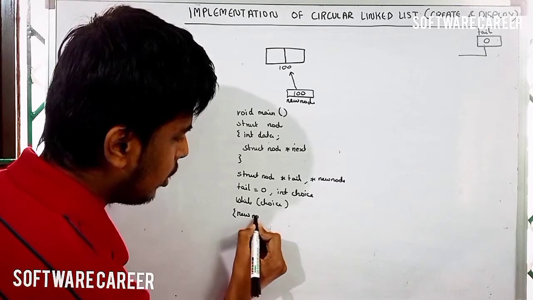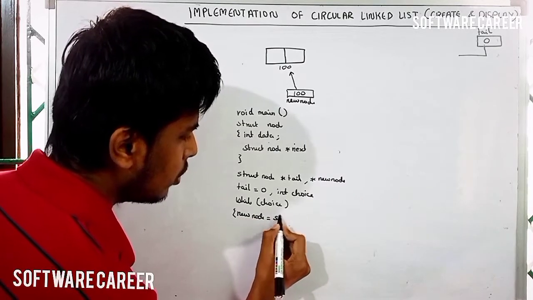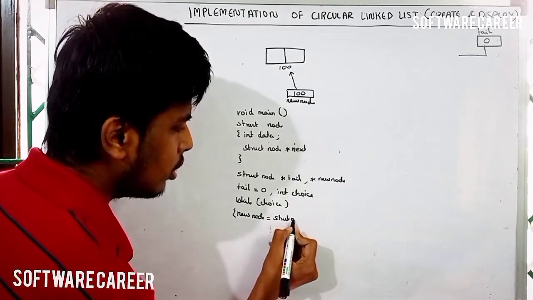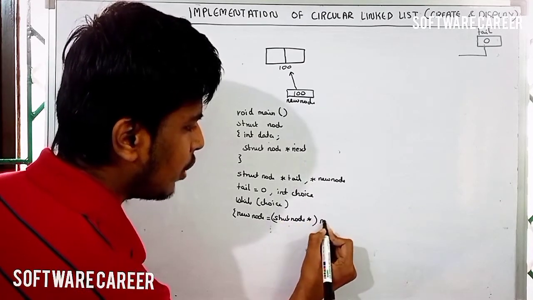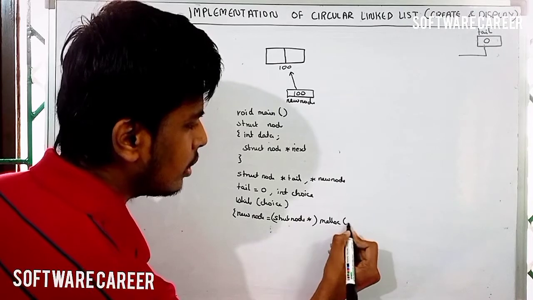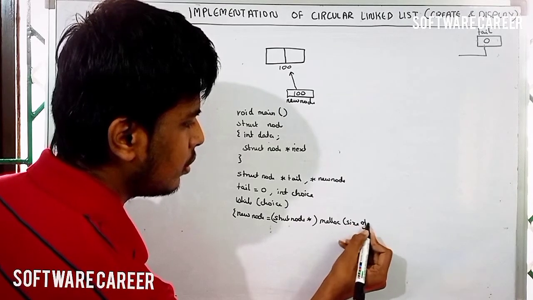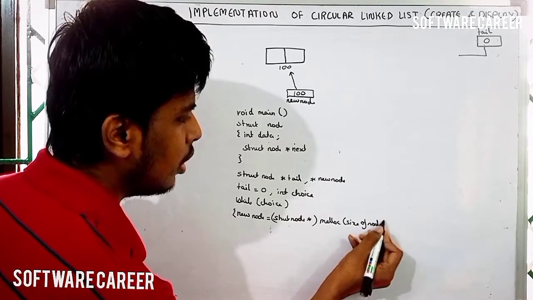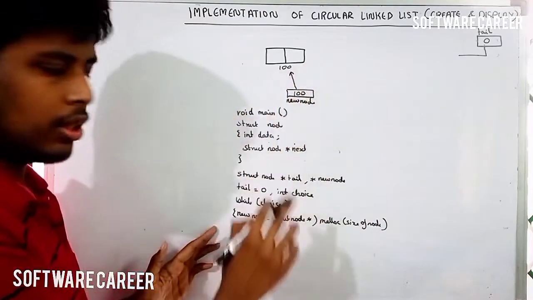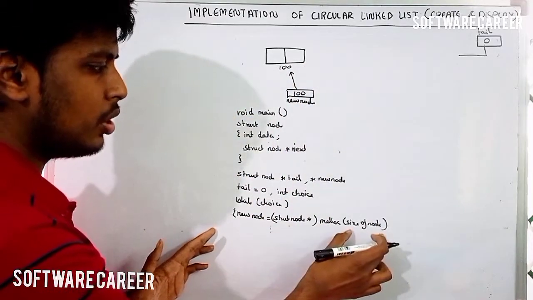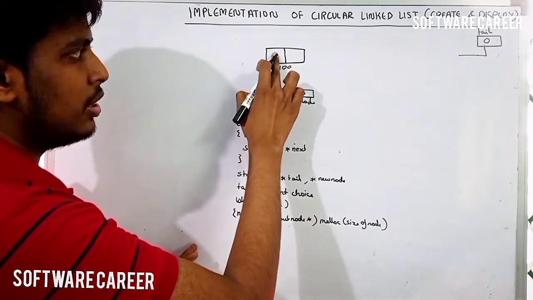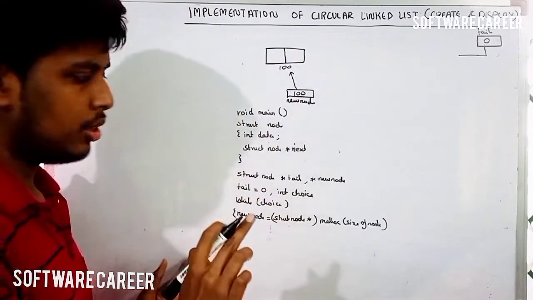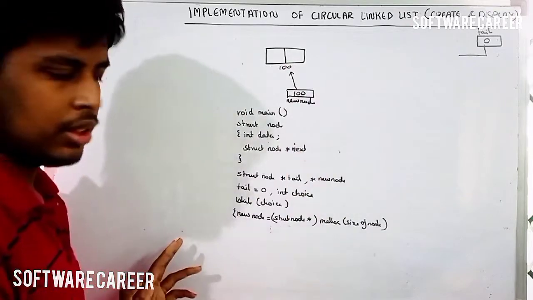New node equals struct node star in brackets, malloc function, size of node. Now I have created this new node by using the malloc function, and the size of node is the size of this node. It takes 4 bytes for integer and 4 bytes for pointer. Total 8 bytes.